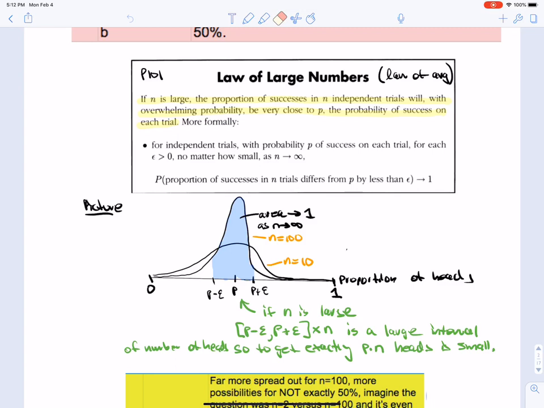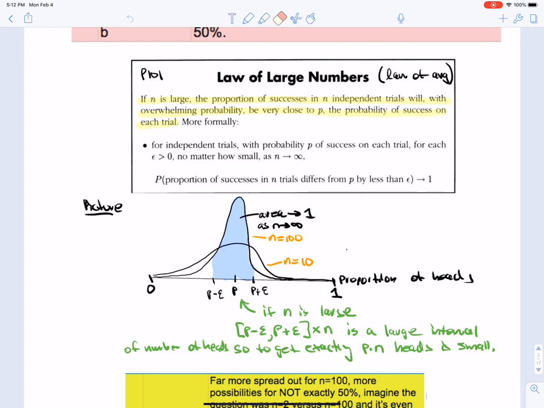The law of large numbers says that the peak around p is going to be steeper as n gets larger, so that the probability that you're within epsilon of p goes to 1 as n goes to infinity.